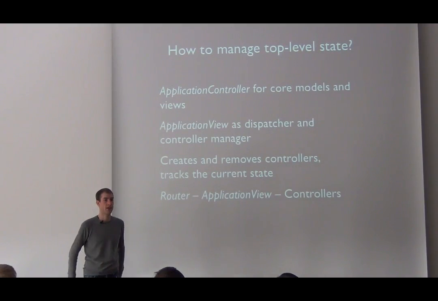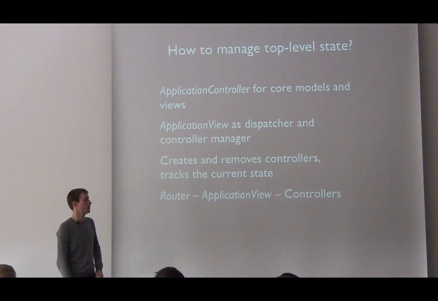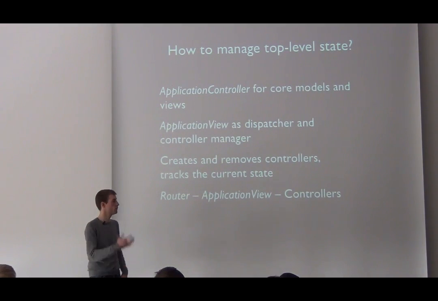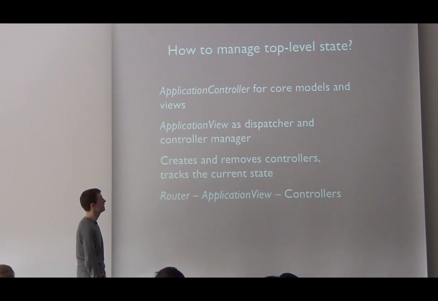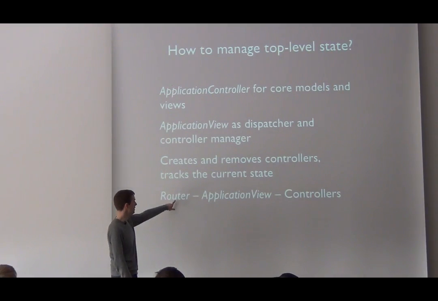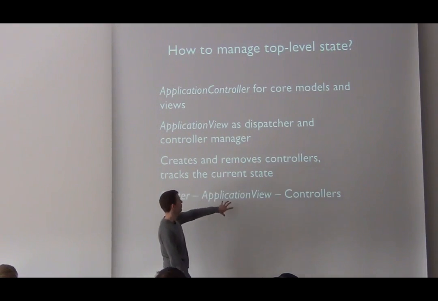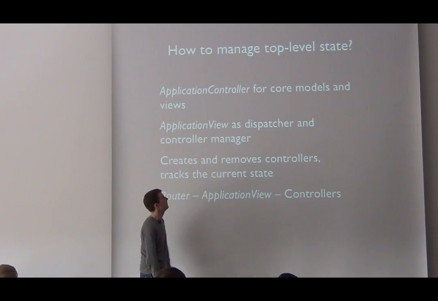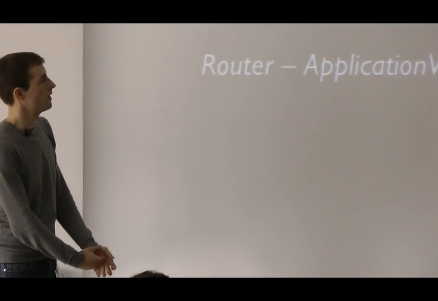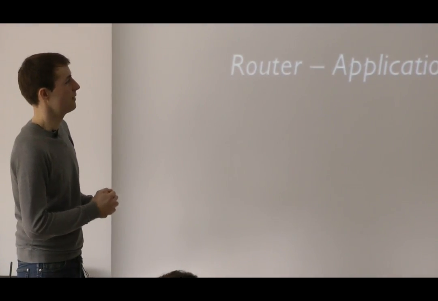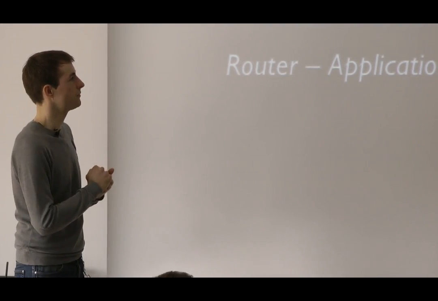The application controller creates the models and views which are visible the whole time, for example the header, the footer, or the user model, and so on. And between the actual router, which just does routing, and the controllers and controller actions, we have put a component which is named application view. The purpose of this application view is to control the other controllers.